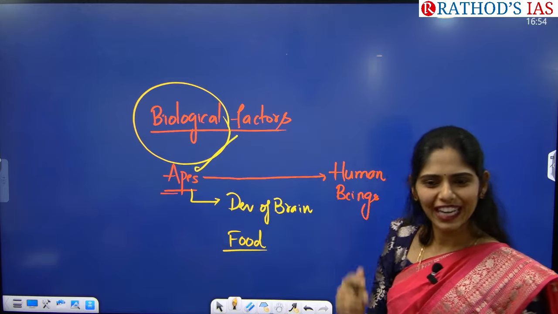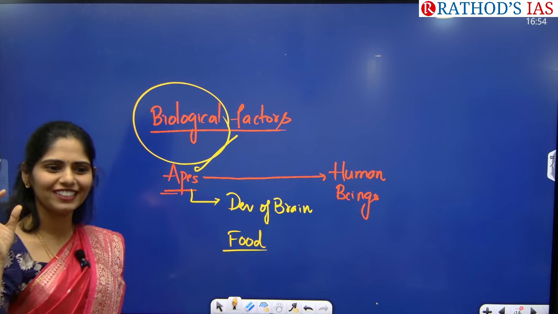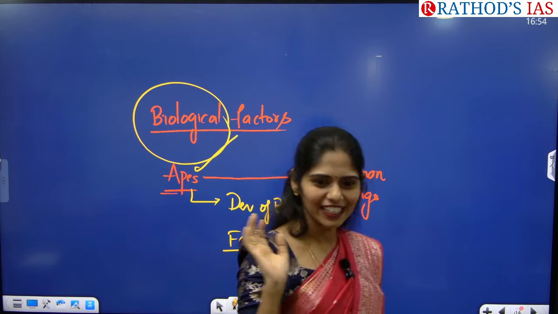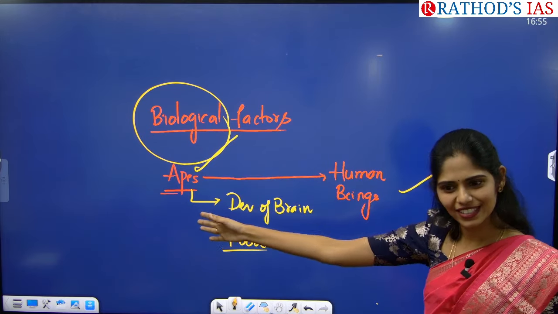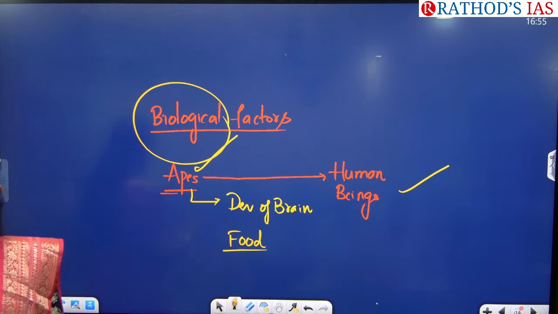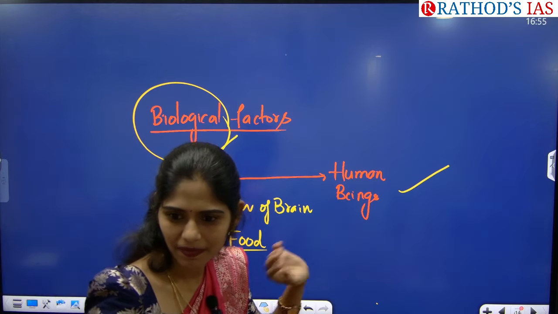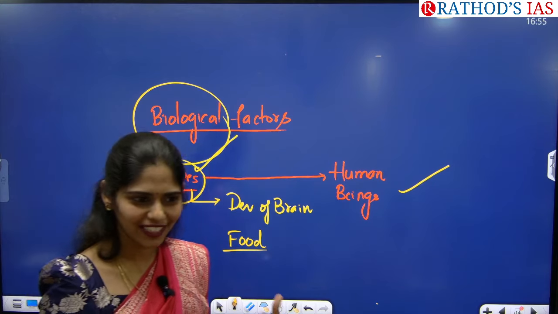No. Apes used to live on the trees, and they used to eat whatever fruits or things were available on the trees. Do human beings have the same food as apes? No. That means some enzymes started developing in this evolution. Do apes talk or sing like us?